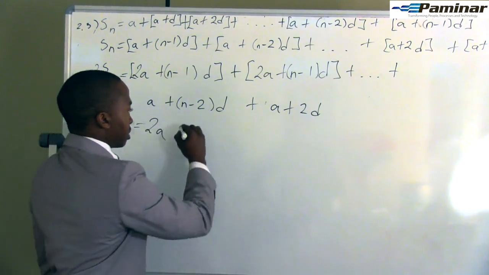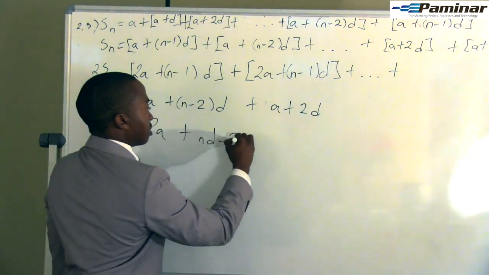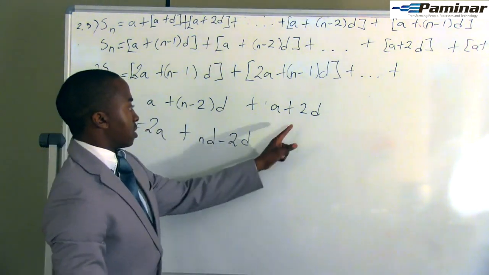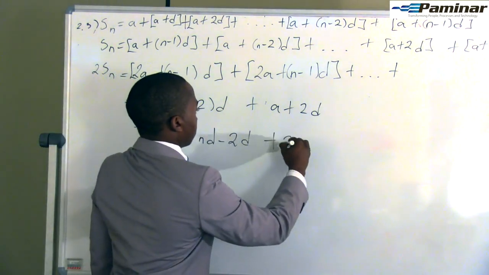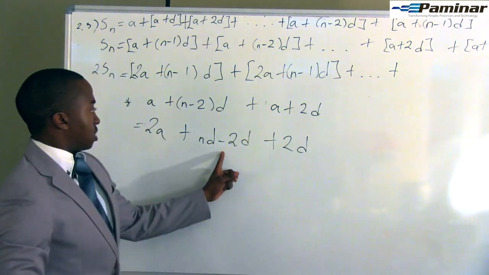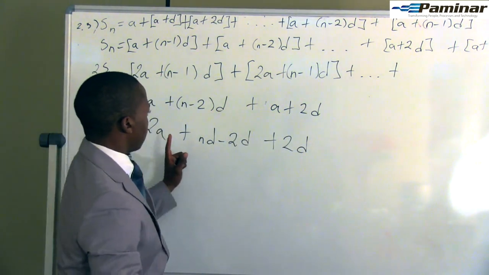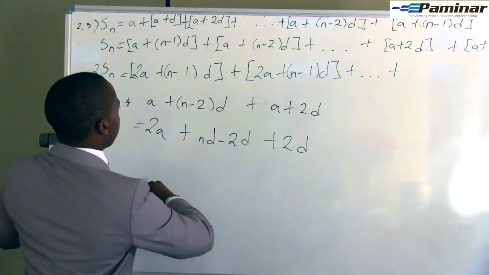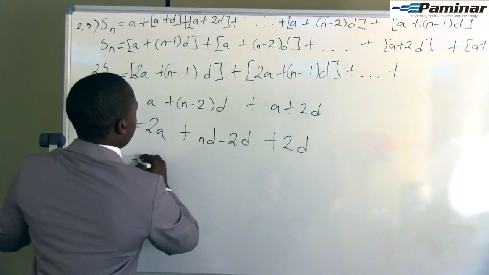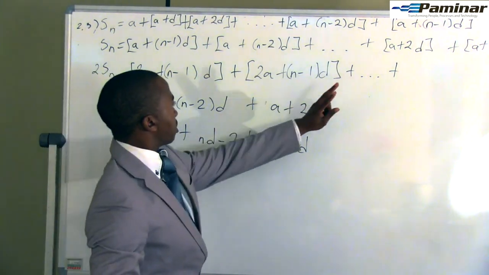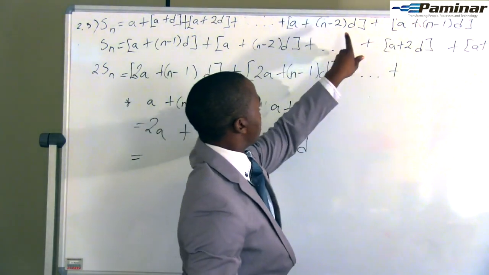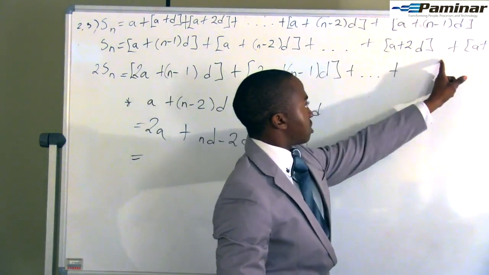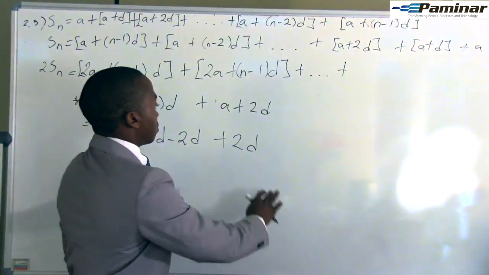If we open up brackets, we'll have plus nd minus 2d. Sorry, we're trying to add the last two, so we're going to add that to the A plus d, not to the 2d.